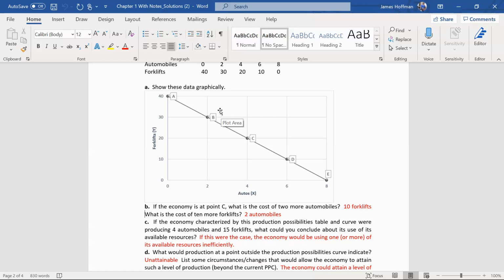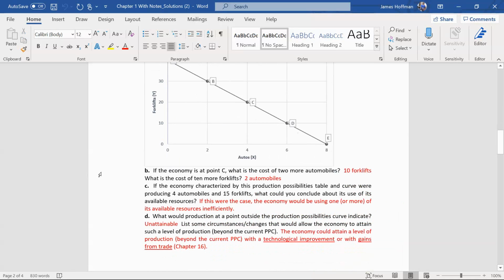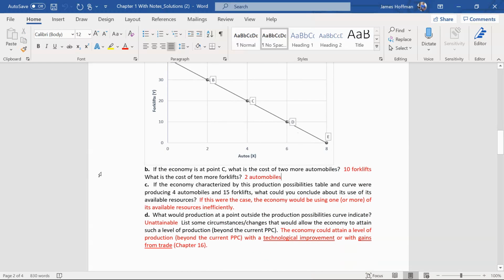So to produce 10 more forklifts, you have to give up 2 automobiles. Okay, so if you understand that concept of going between different points on the curve, then you understand the opportunity cost concept in terms of what the country must give up to produce more of one particular good.